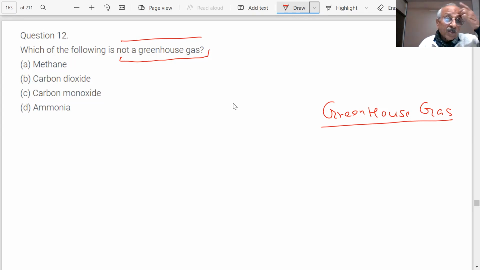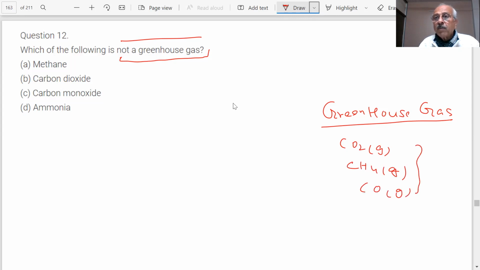So what are the greenhouse gases which we discussed? Important question. Which is the most important greenhouse gas? Carbon dioxide. Then what did we discuss? Methane gas, then carbon monoxide gas. What do they do?